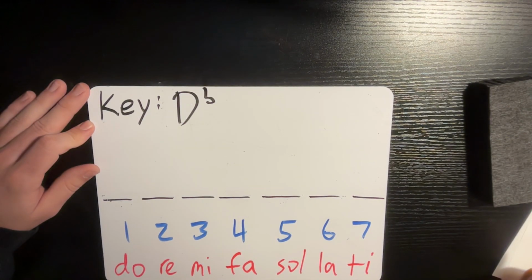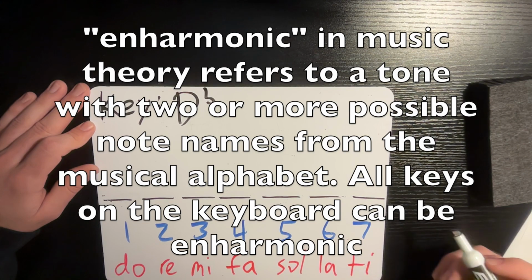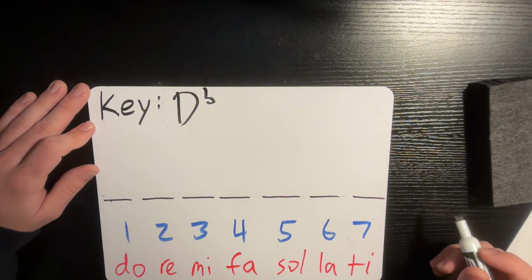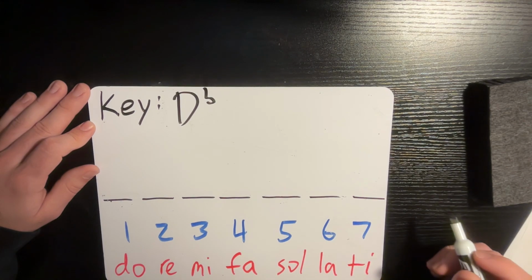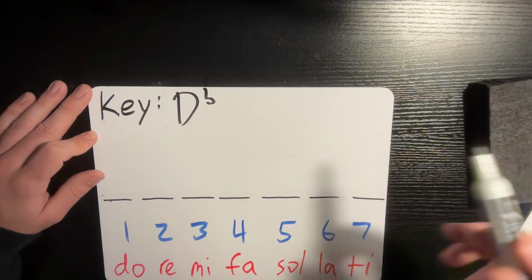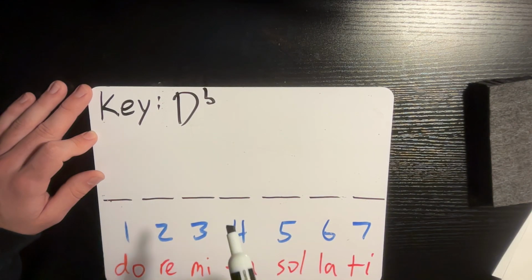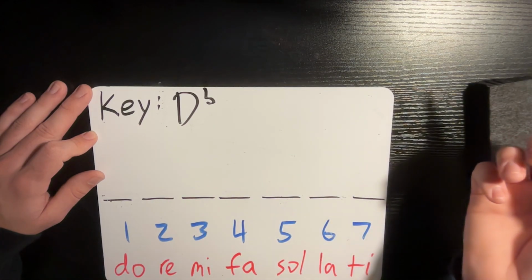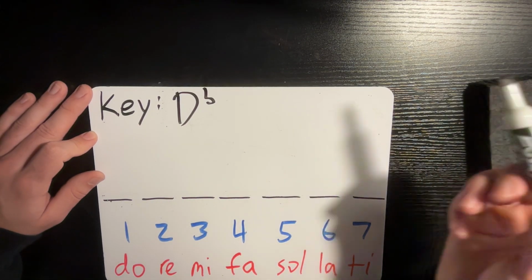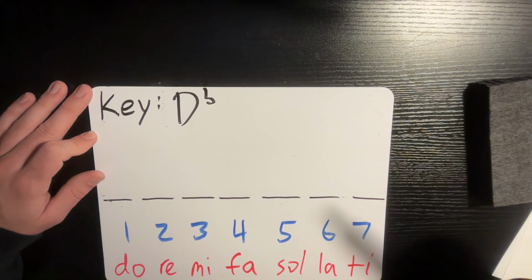Okay, so we have to talk about something with the D flat major scale. There are 3 scales at the bottom of the circle of fifths that are what we call the enharmonic keys. So these last 3 keys are going to be those enharmonic keys, and I will also list which key it is enharmonic with. Since this note D flat can be named either D flat or C sharp, we already know that there's a C sharp major scale, and it's going to actually have all of the exact same tones as the D flat major scale in equal temperament tuning, that is.